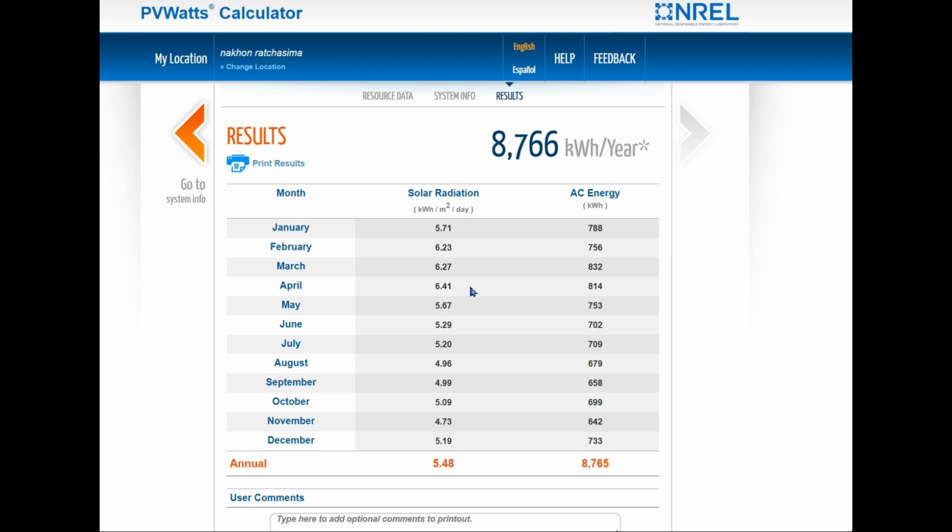Correspondingly, you get a higher result here, because flatter panels help you in this time of the year, relatively speaking. So we can see from this that, actually, to optimize the production for this time, you would like to have a little bit flatter roof.